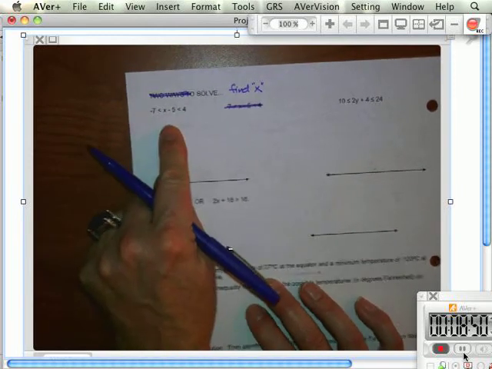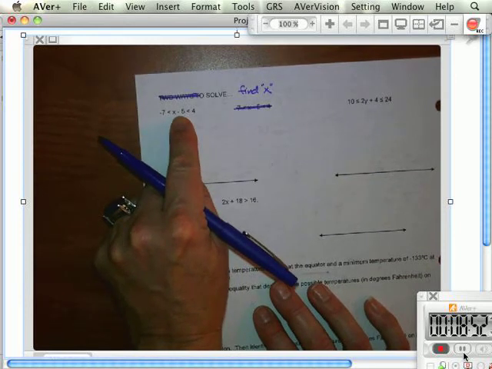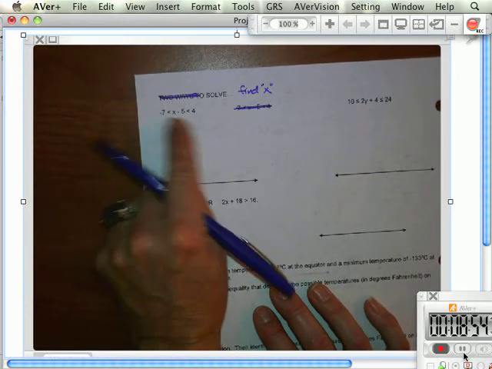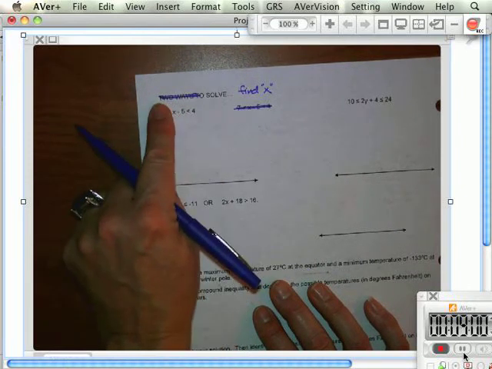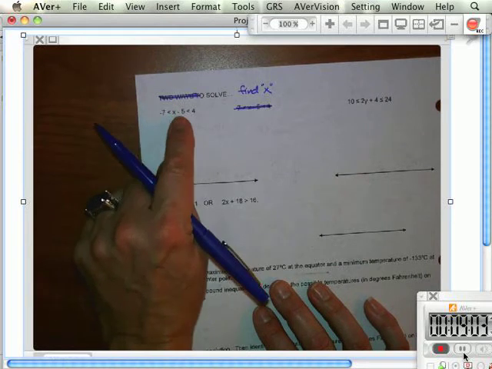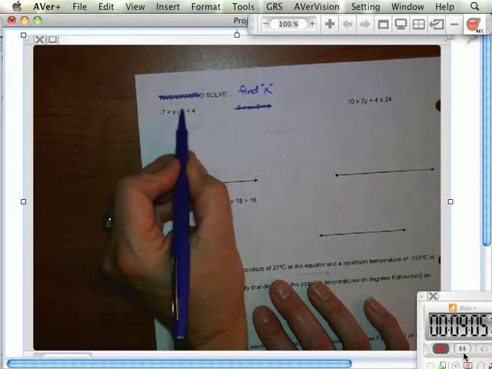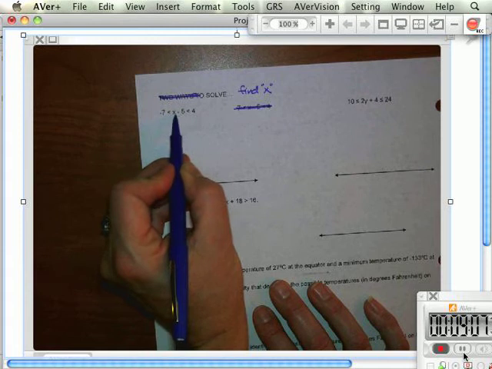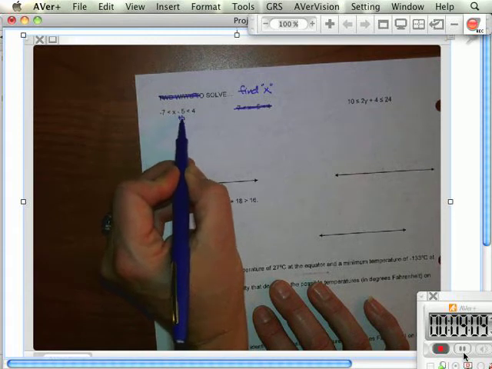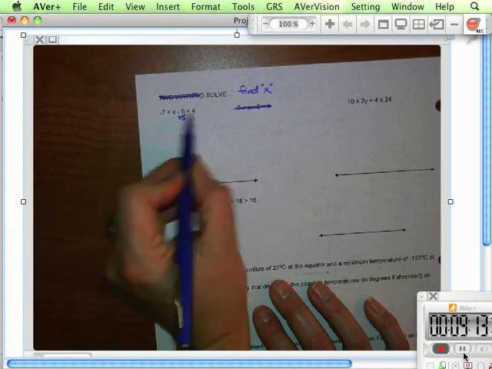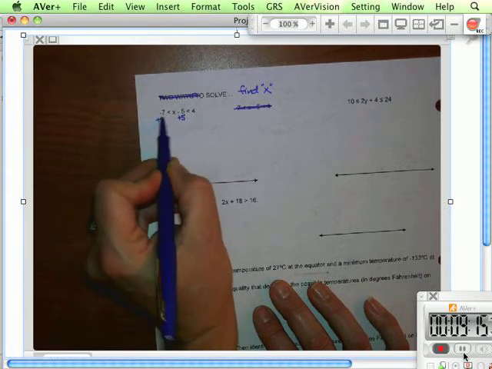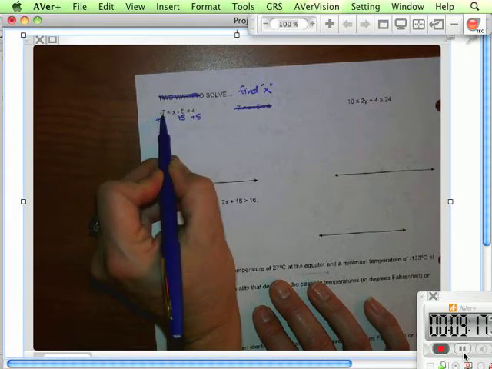So right here, you see that x minus 5 is between -7 and 4. This says that x minus 5 is greater than -7, and x minus 5 is less than 4. So we're going to solve for x by getting it by itself. It's x minus 5 here, so I'm going to add 5. But I also have to do it now to both sides on the outside of each of those inequalities, however you want to look at it.